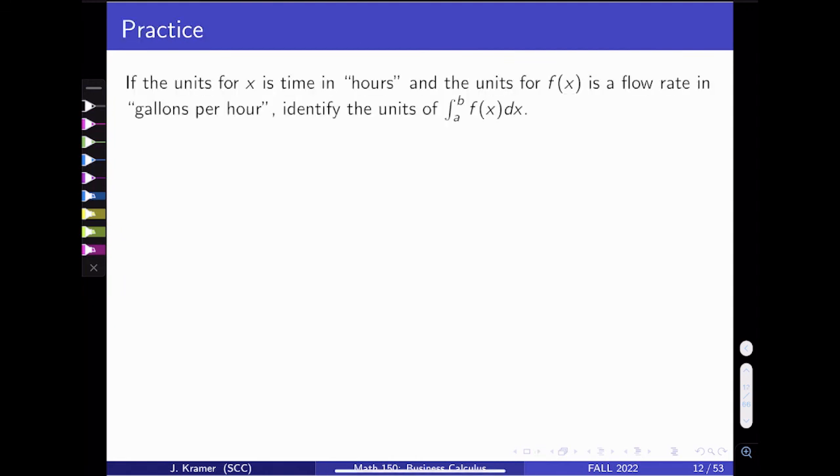So let's take a look at an example. If the units for x is time in hours and the units for f of x is a flow rate in gallons per hour, we want to identify the units of the integral from a to b of f of x dx.